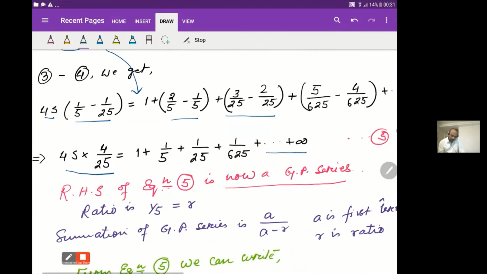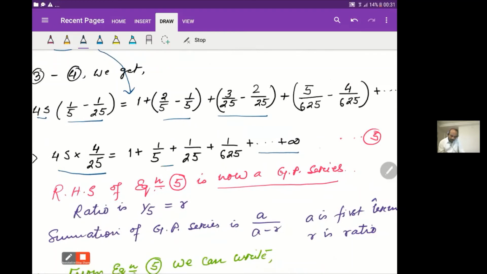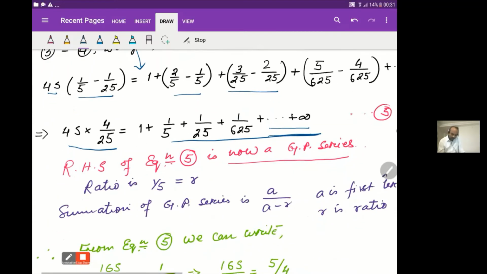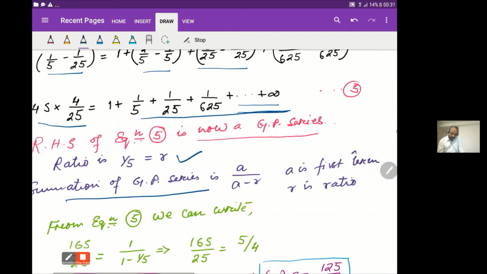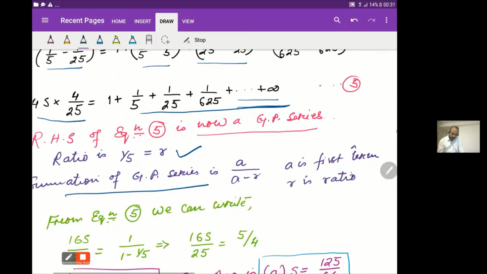So now, right hand side of this equation is a GP series, geometric progression series, and ratio is 1 by 5, which we can write as R. Summation of a GP series we know is A by 1 minus R, where A is the first term and R is the ratio.